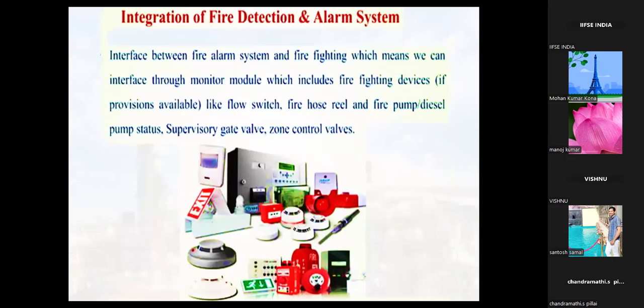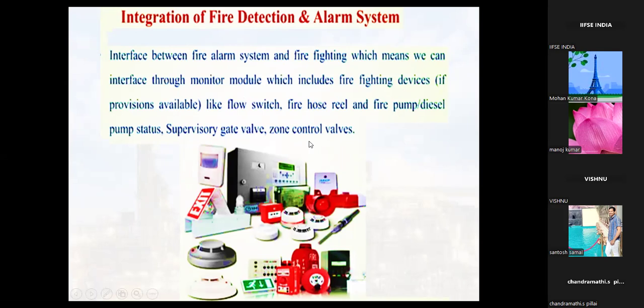Then integration of fire detection and alarm system. Now, how do we integrate these two? The interface between the fire alarm system and firefighting can be through a monitor module, which includes the firefighting devices such as flow switch, fire hose reel, fire pump diesel, supervisory gate valves, and zonal control valves.